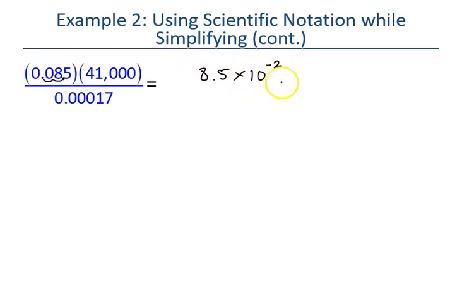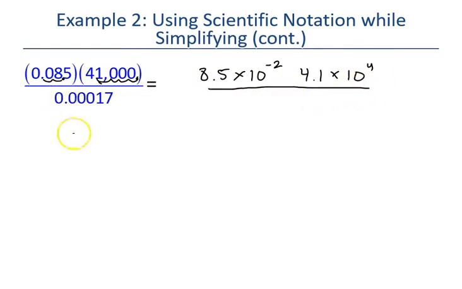Then notice here I have 41,000. My decimal is going to be here, so that's 1, 2, 3. I've got to go over one more because that's only a 41, and now I've got 4.1. So here I'm going to have 4.1 times 10 to the what? 1, 2, 3, 4, times 10 to the power of 4.